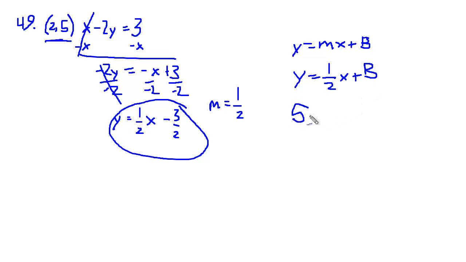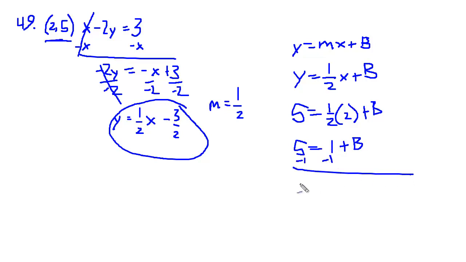So the y is going to be 5. 1/2 is my slope. My x is going to be 2 plus b. Now 2 times the 1/2 is just 1. So 5 is equal to 1 plus b. If I subtract the 1 from both sides, like so, I'm going to get an answer of 4 is equal to b. So this is my y-intercept.